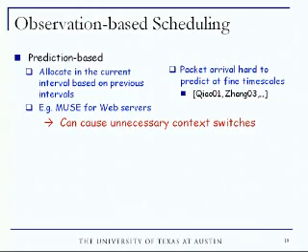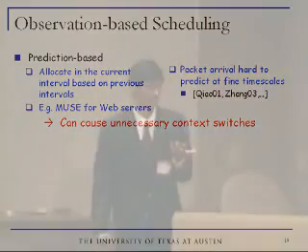The observation-based scheduling algorithms are of 2 types. One type is prediction-based. You're measuring how the packet arrival was in previous intervals, and using those measurements, you're determining what the allocation should be in the current interval. And these kinds of algorithms are typically used in web servers. Over a period of time, you can measure what the arrival rate is and allocate according to the history.